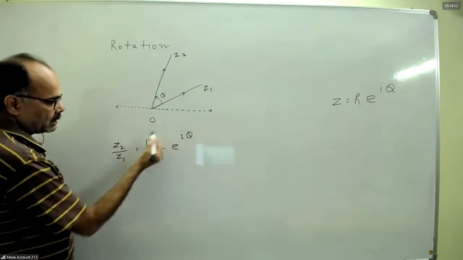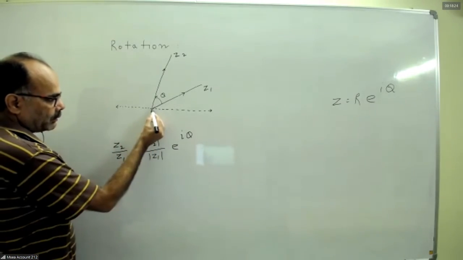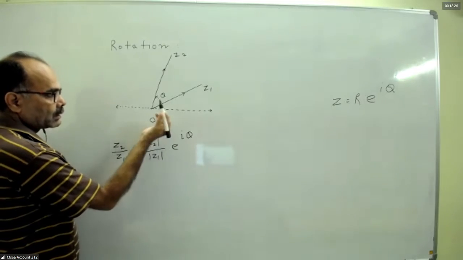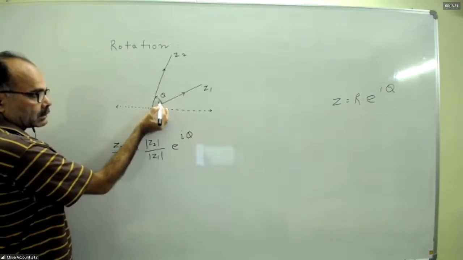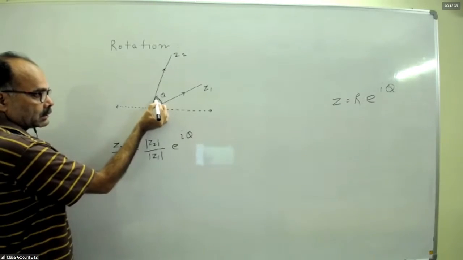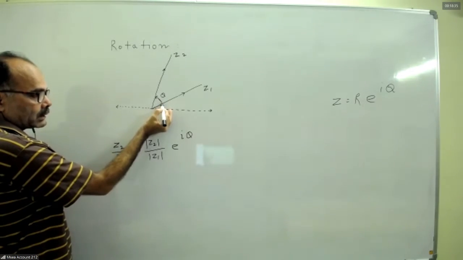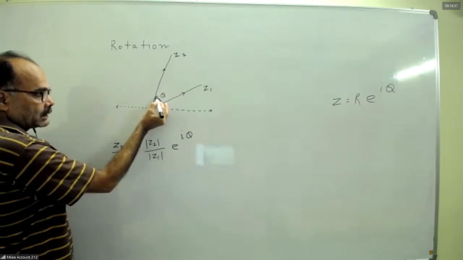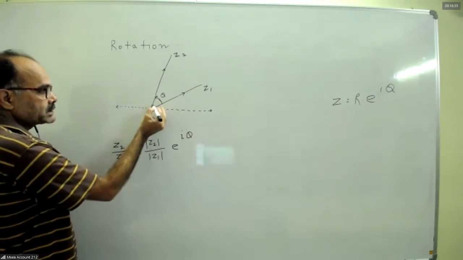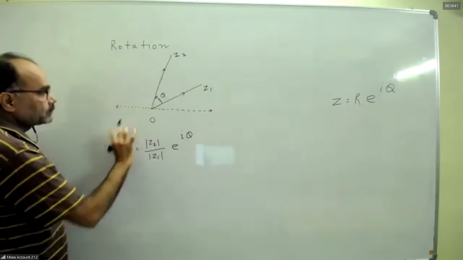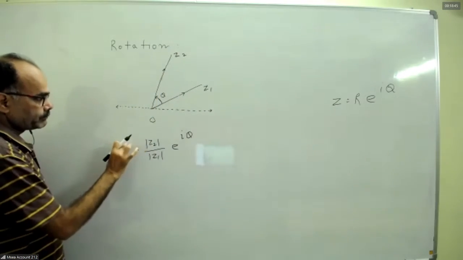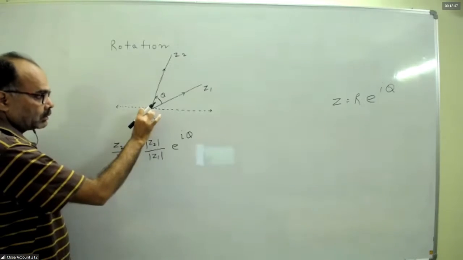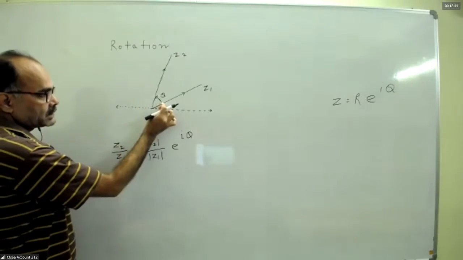Here, about origin, just take angle in anti-clockwise direction. Remember, where this angular distance is finished, that is the final vector. So first we take this vector Z2 minus 0, about 0, minus the initial vector.